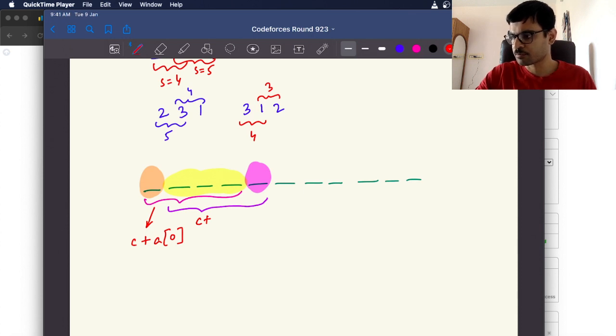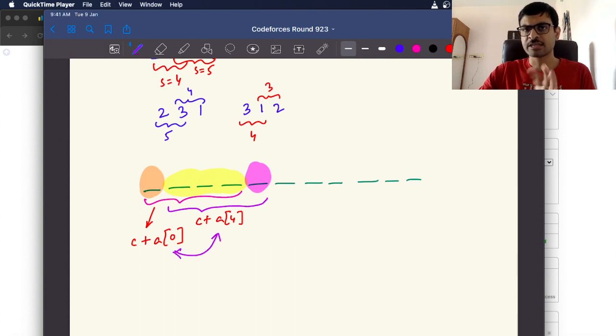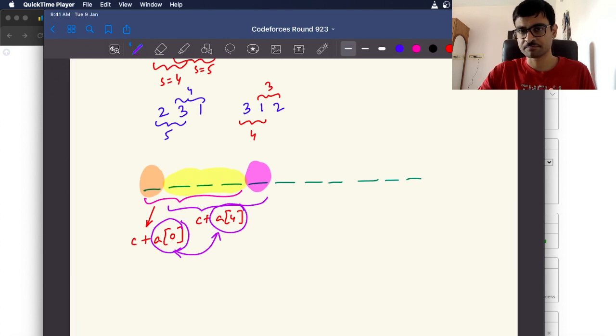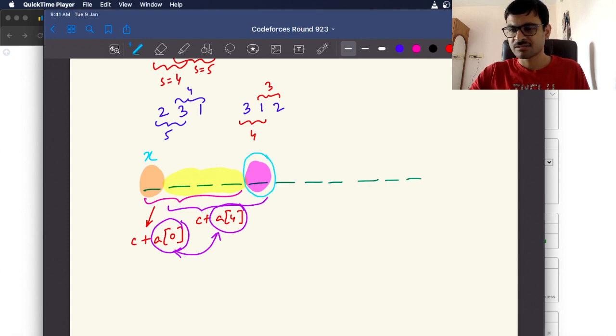This means if the difference between these two sums is plus or minus 1 or 0, then the difference between these two elements is also plus or minus 1 or 0. So if I say that this element is x, can I say that the difference between this and this element has to be at most 1? Can this element be x? No, because it's a permutation.